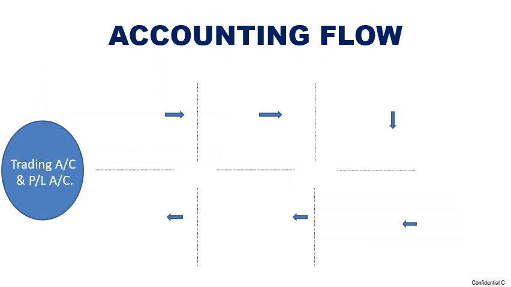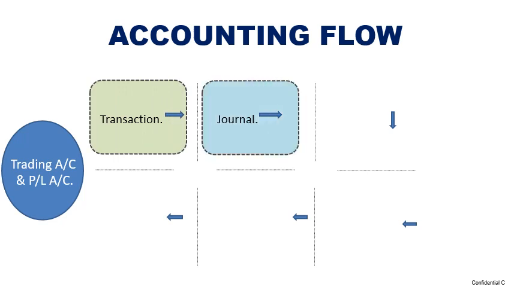Let's understand the accounting flow. Accounting means recording, classifying, summarizing and interpreting of financial transactions. Journal is the recording of transactions. First, we have a transaction that is recorded in the journal.